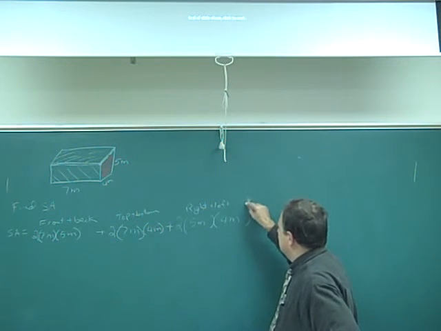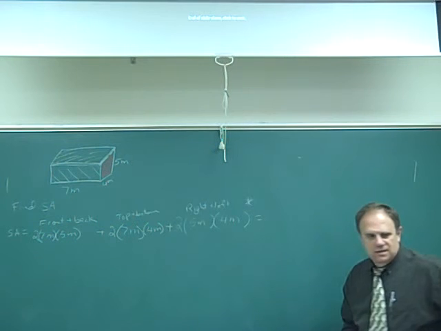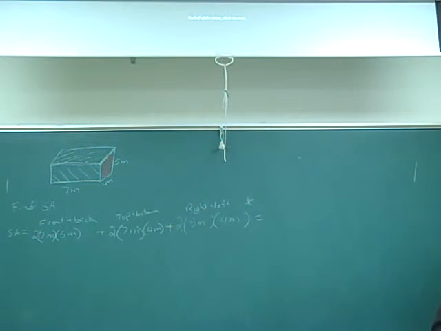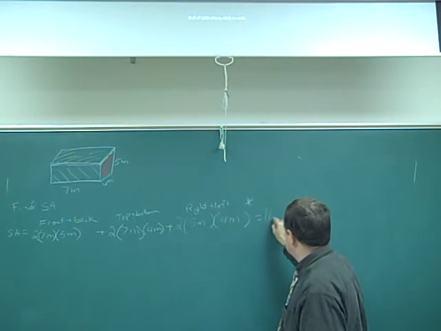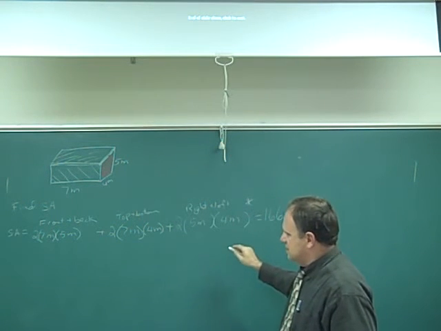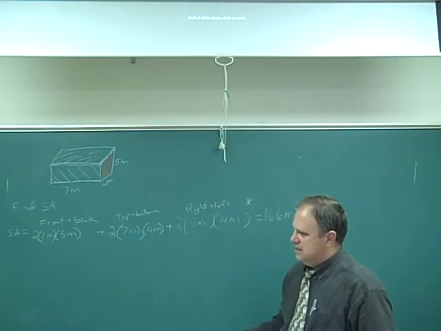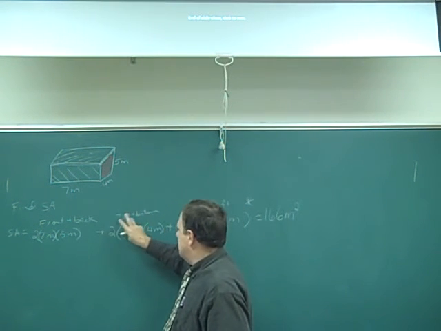Okay, what are we going to get? 166. 166, good. Meters? Careful because it's area, right? Area of the front, area of the back, area of the top, area of the bottom.